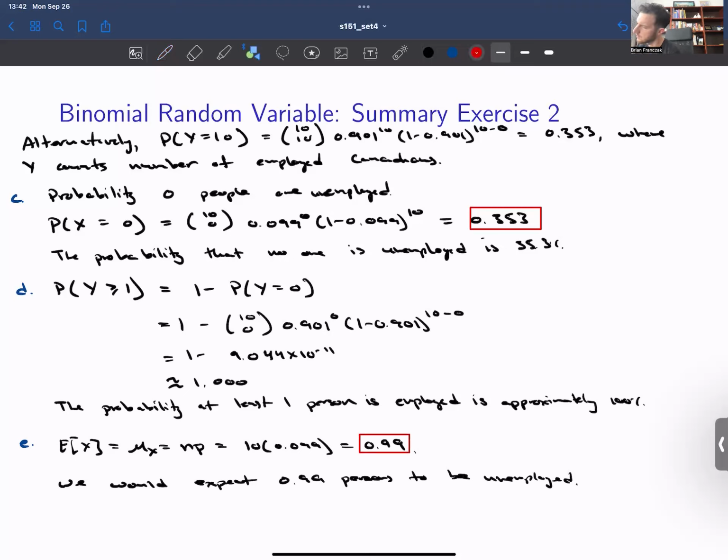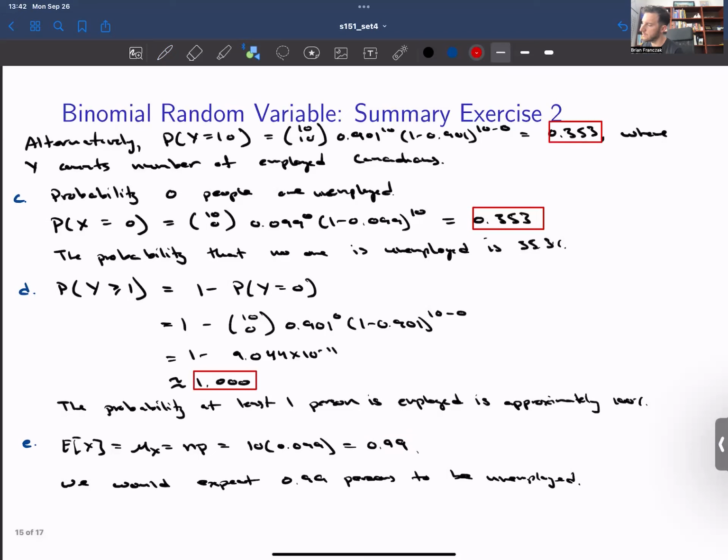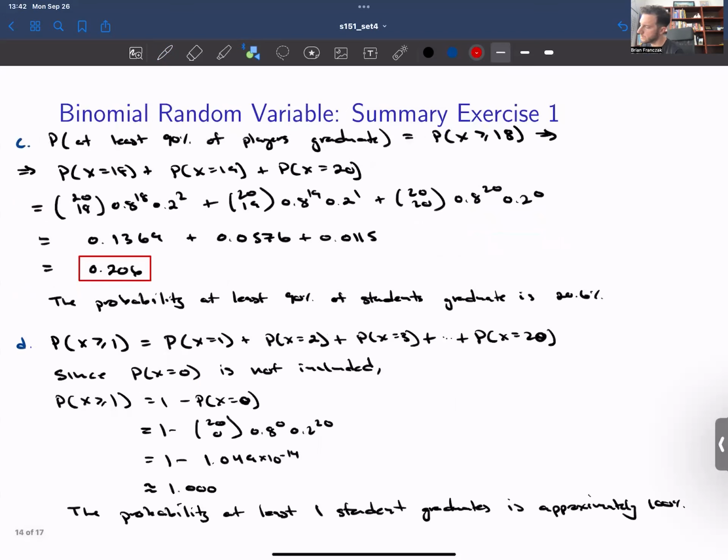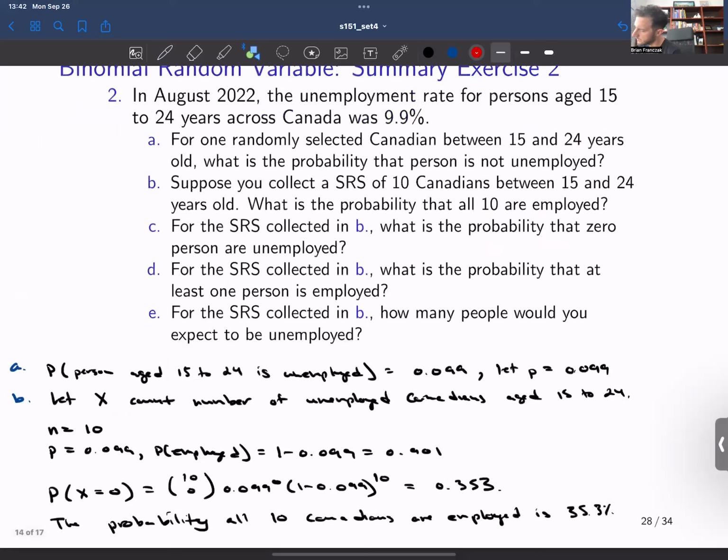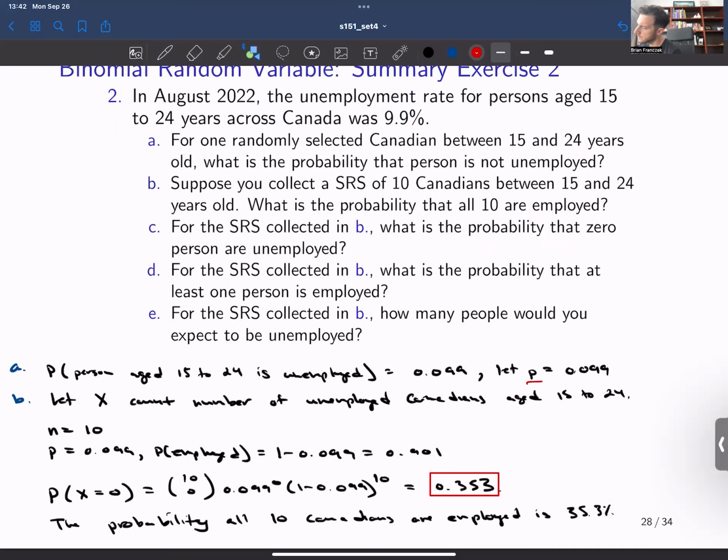So these are several illustrations of using the binomial probability formula in different contexts, plus one more illustration of computing the expected value. We also had a setup question where we determine the probability of being unemployed given above, and then we can use this in different situations to compute the other probabilities of interest in the binomial context, depending on our interpretation or how we want to set up the problem.